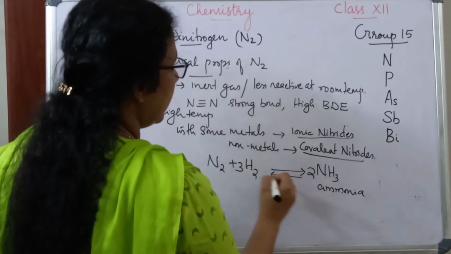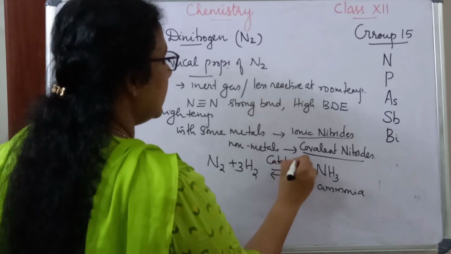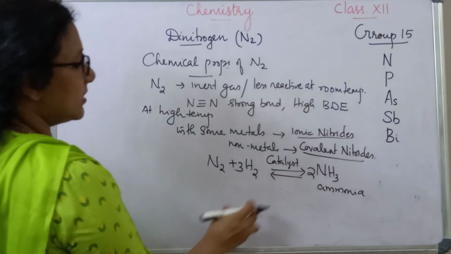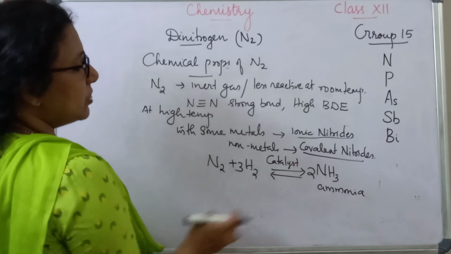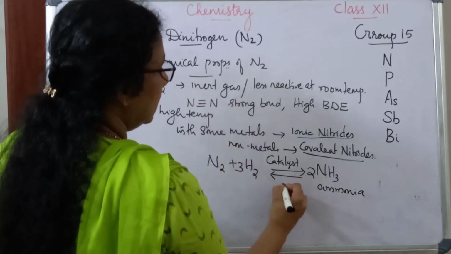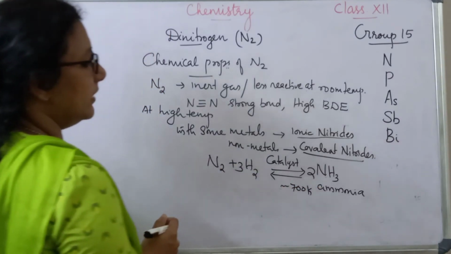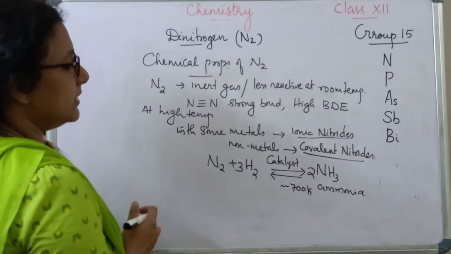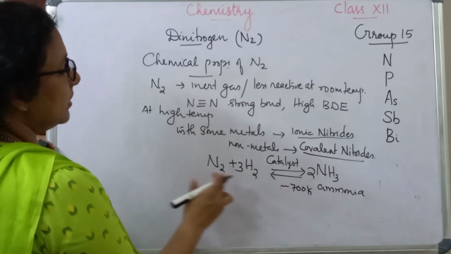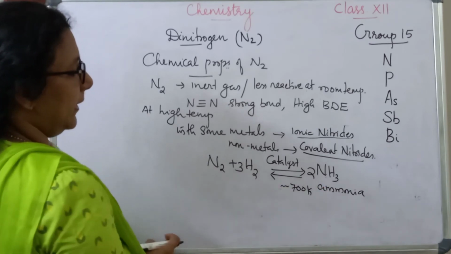It's a reversible reaction and a catalyst is needed, and we will study the preparation of ammonia later. About 700 Kelvin is needed for this reaction. At this temperature, nitrogen reacts with the non-metal hydrogen to produce ammonia.